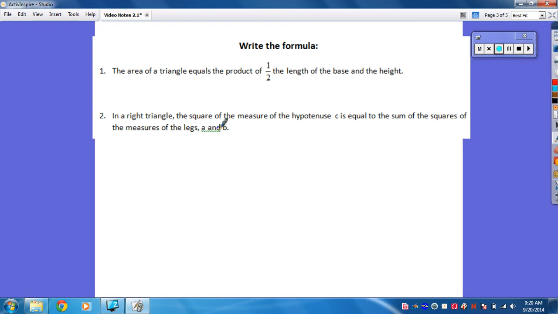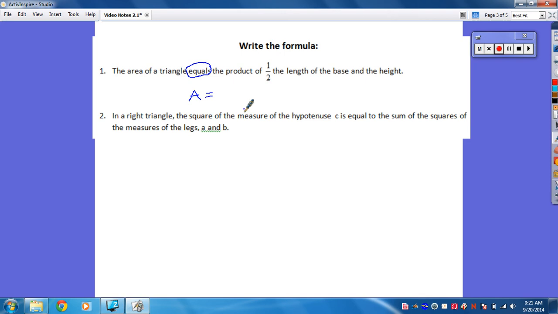Alright, we can also write out formulas, alright, from a sentence. So, same process. The area of a triangle equals the product of 1/2 the length of the base and the height. I'm going to circle my keyword here, that's my equal sign. So on the left side, I just have the area of a triangle. I don't know what the area is, so I'm going to use A to represent the area because A for area just makes sense.